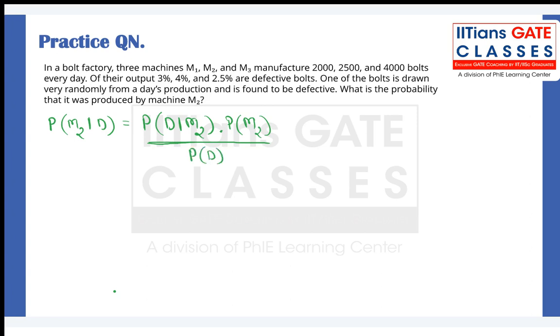So what is the probability that you have selected machine 2? 1 by 3. What is the probability that it is defective given it is machine 2?